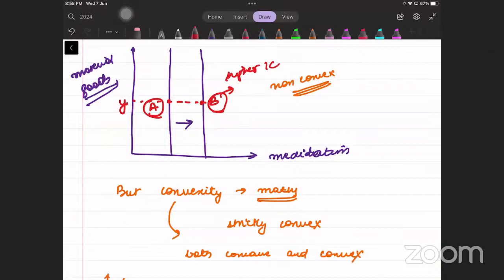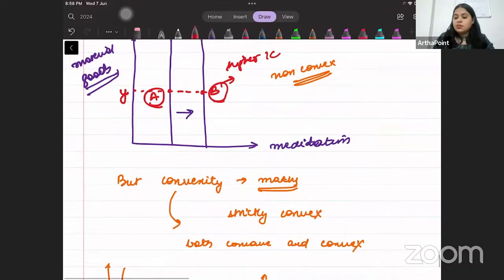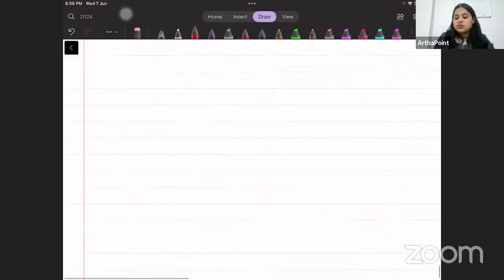Ma'am, in the example of substitute goods, MRS is 0? No, MRS is constant, not 0. Substitute good is this. MRS, beta, is MUx by MUy.